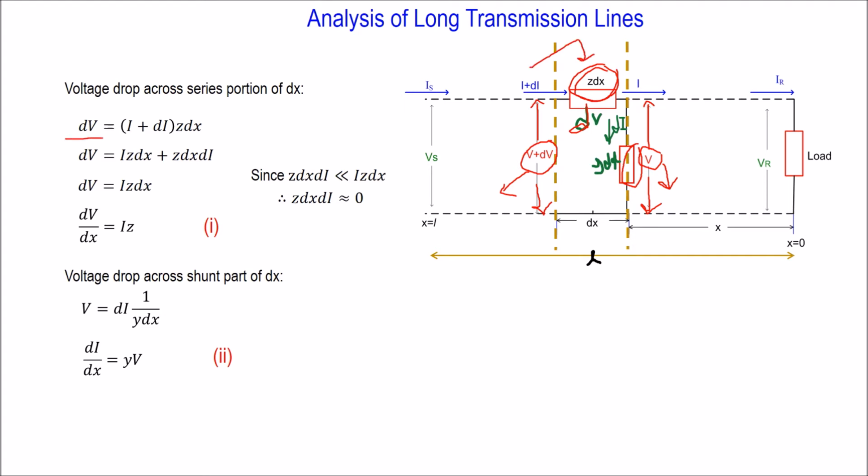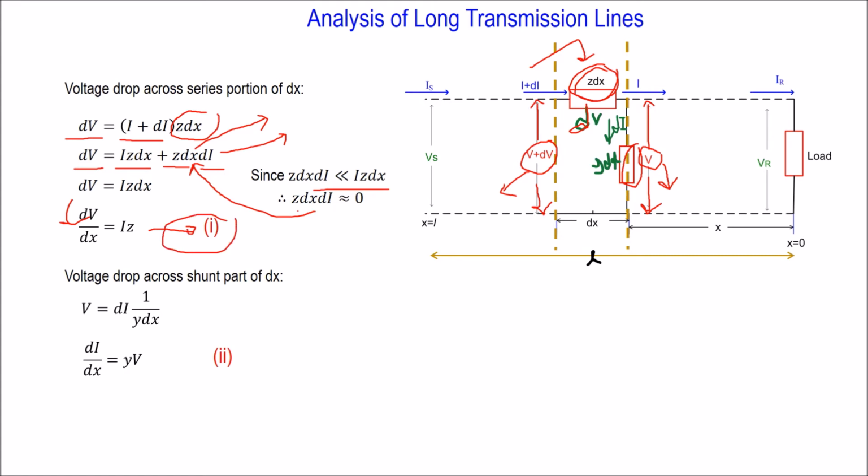I plus dI. So we write I plus dI. What is the impedance of this series portion? Z dx. From here we get dV equal to I Z dx plus Z dx dI. Here dx is very small, dI is very small. So we can say the multiplication of Z dx and dI is very much less than I Z dx. Therefore we can ignore Z dx dI, right? From here we get dV/dx equal to I Z, right? This is equation number 1.